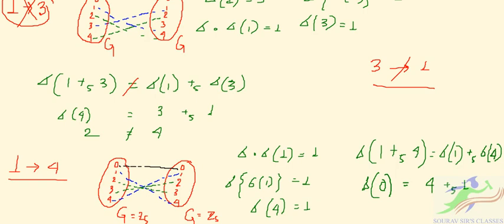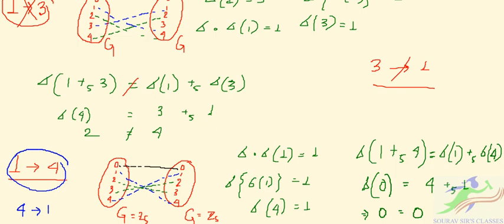So this sigma of 0 is equal to 0, and 5 modulo 5 is 0, so this equation is actually holding, so we can say that 1 is mapping upon 4, similarly 4 will map upon 1.